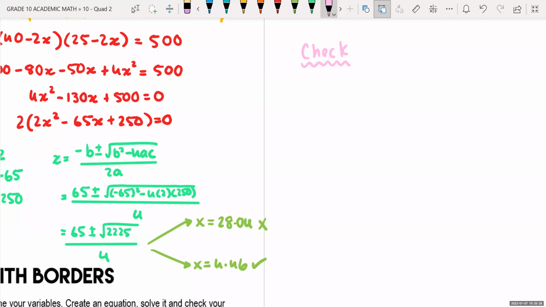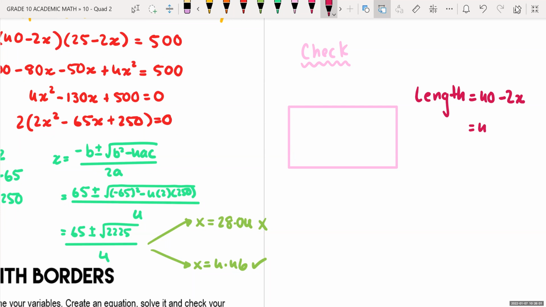First of all, I am going to go ahead and draw my little garden out again. So this is just the garden now. And I'm going to figure out the length of this garden, and I'm going to figure out the width of this garden. Remember how for the garden's length, we had 40 minus 2x, right? So I'm just going to write down the length of the garden is 40 minus 2x, which is going to be 40 minus 2 times 4.46.